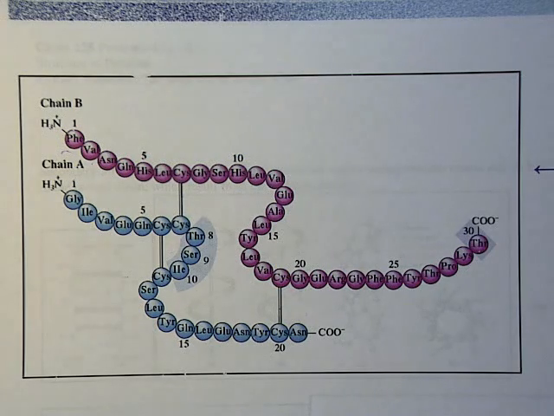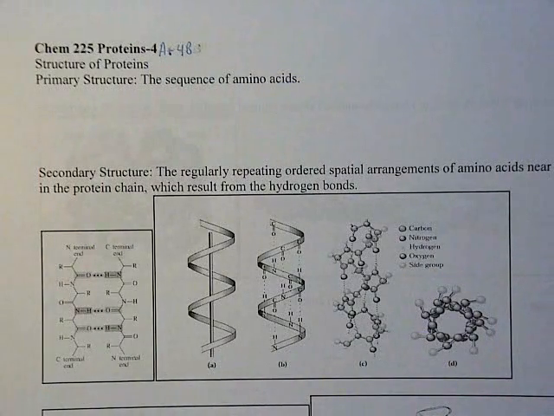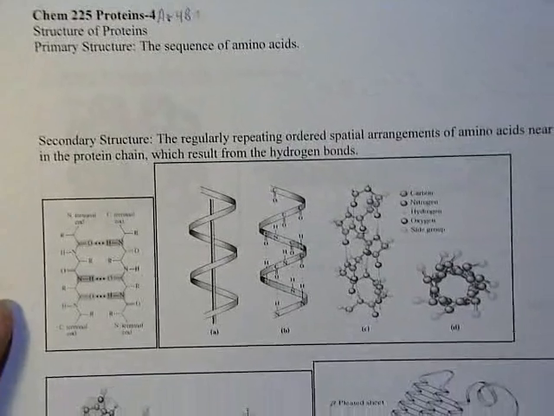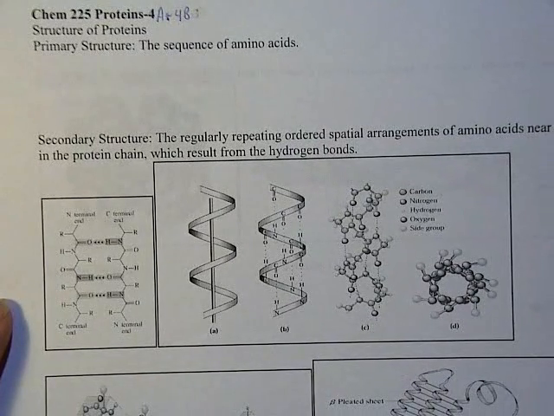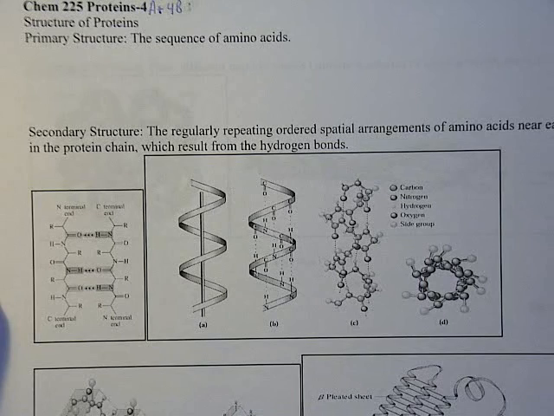All right, so once we know the sequence, the primary level, then we're looking at the secondary level, which is the regularly repeating ordered spatial arrangements of amino acids near each other in the protein chain.